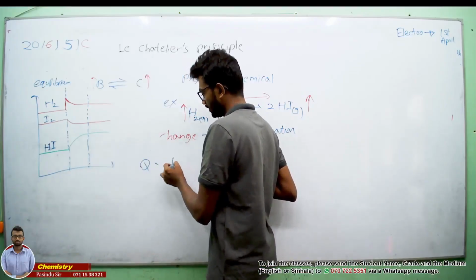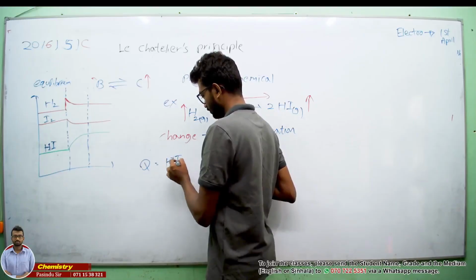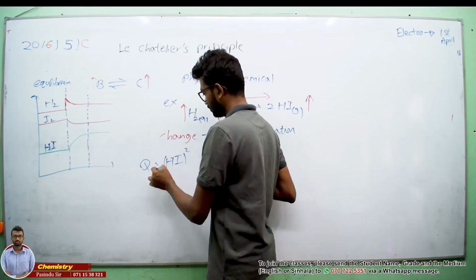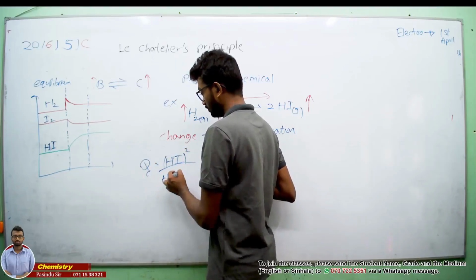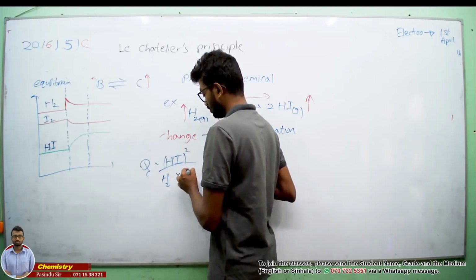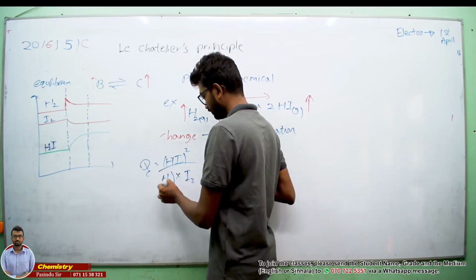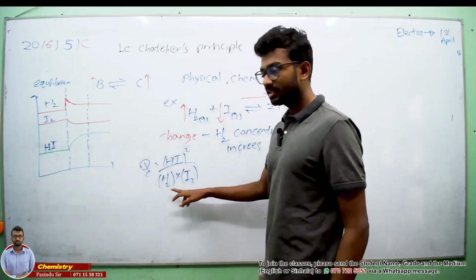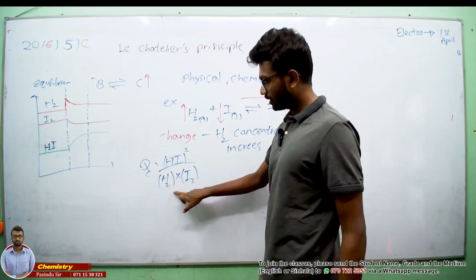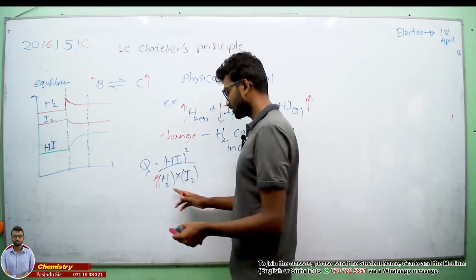QC equals HI squared over H2 times I2. Which factor is higher? This one, right? The concentration of this one increases.